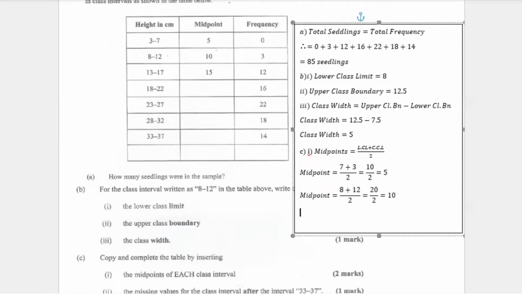For our third one, midpoint is equal to 13 plus 17, divided by 2. So 13 plus 17 equals 30. So it is 30 divided by 2, and that is equal to 15.